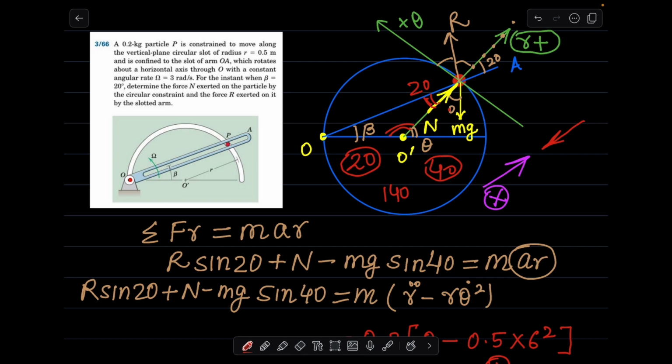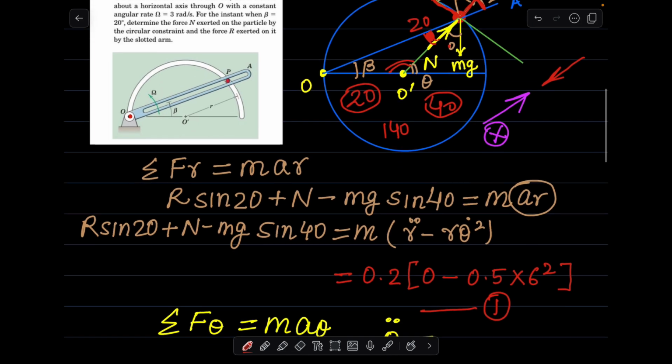If this angle is 20, the opposite side will also be 20, right? And you know that these are perpendicular to each other. So this angle is going to be 20, and the angle between is 70, which is not relevant for the calculation, but this 20 degrees is relevant.